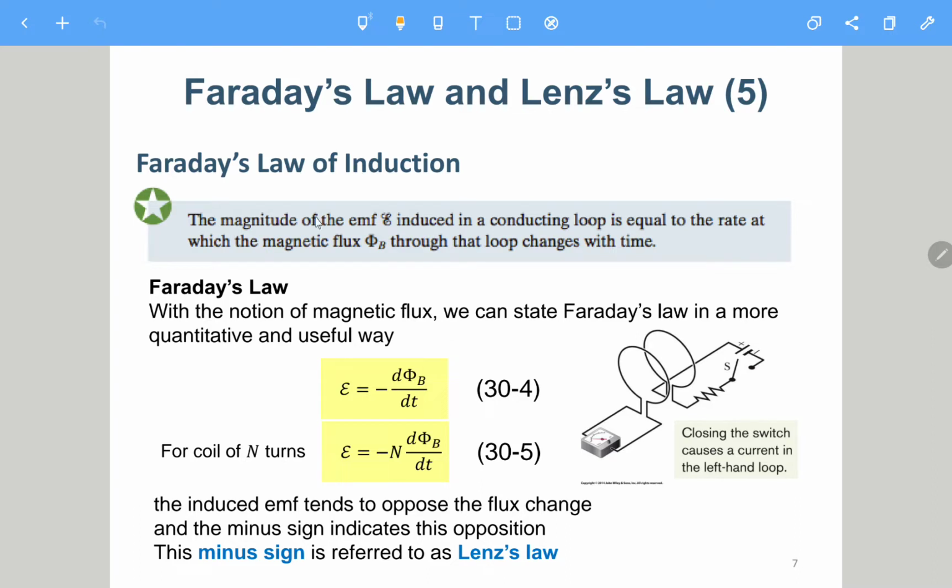And then it is Faraday's law of induction. So this is the highlight: the magnitude of the EMF, the electromotive force induced in the conducting loop, is equal to the rate at which the magnetic flux phi B through that loop changes with time.